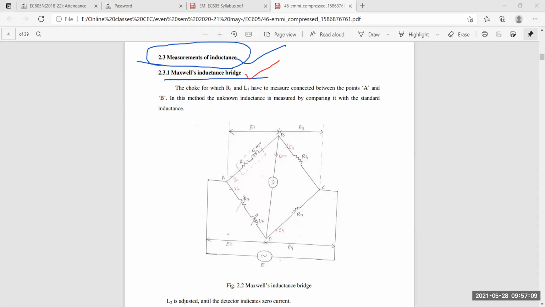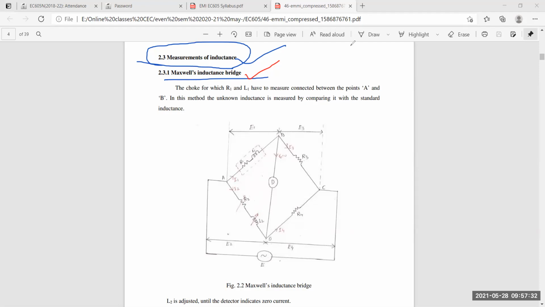In this particular, you follow this diagram nicely, the Maxwell inductance bridge diagram. This is important. In this bridge arrangement, the value of the unknown inductance is measured by comparison with a variable standard self-inductance. You can see what connections are done here.